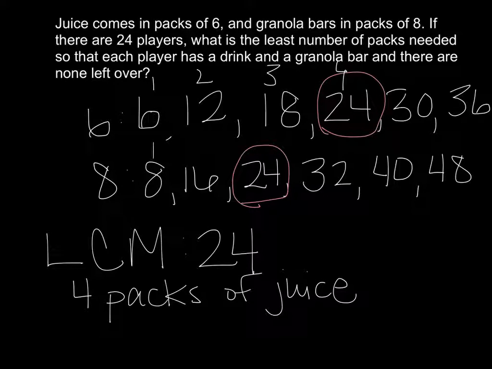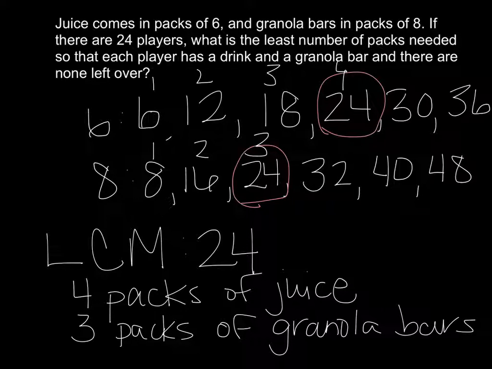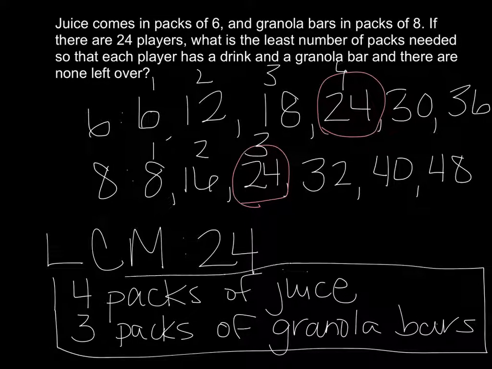And then we would have to buy 1, 2, 3 packs of granola bars. And there is our answer. We can put a box around that. And in this case, the answer is not our least common multiple, but the least common multiple helped us find the answer. So let's look deeper into least common multiples.